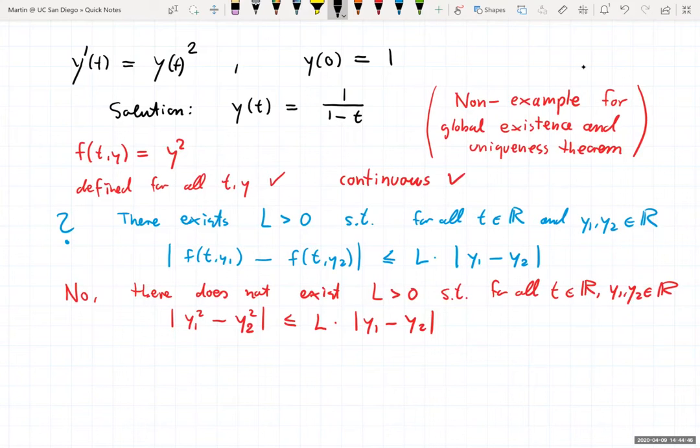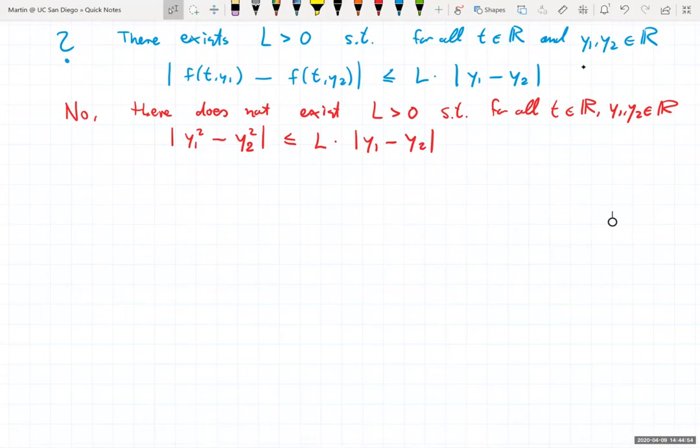So how do we see that this constant L does not exist for this inequality? Now let's just see that when y1 and y2 are different, then this can be written as the absolute value of y1 square minus y2 square divided by the absolute value of y1 minus y2, which should be bounded from above by some constant L.